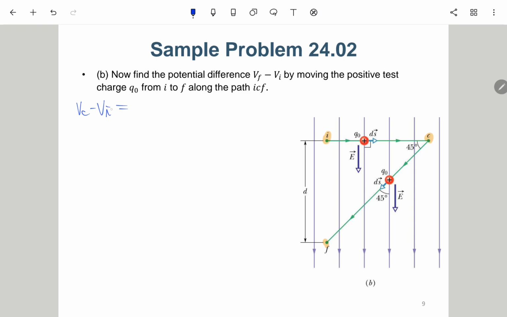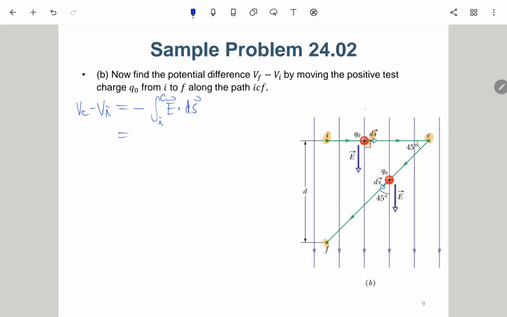For Vc minus Vi, which is negative integration of E dot ds from I to C, on this path ds is pointing to the right side, and E is pointing downward.